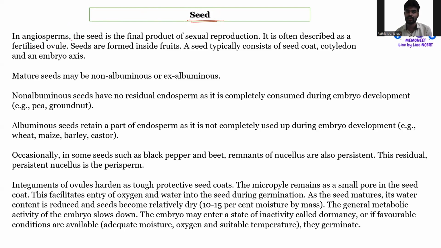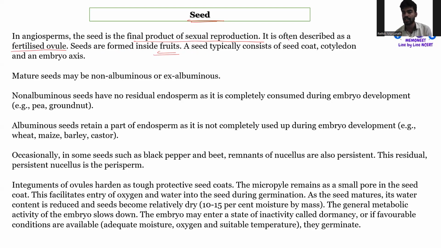In most angiosperms, the seed is the final product of sexual reproduction, so it is often described as the fertilized ovule. Seeds are actually formed inside the fruit. Whatever fruit you take, obviously you'll be having seeds.